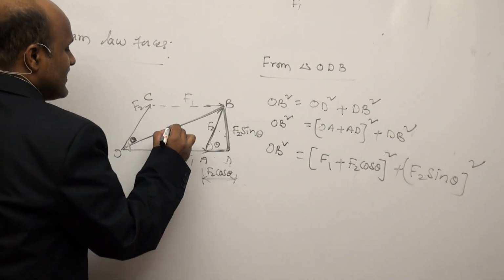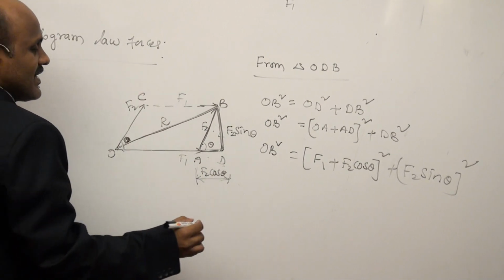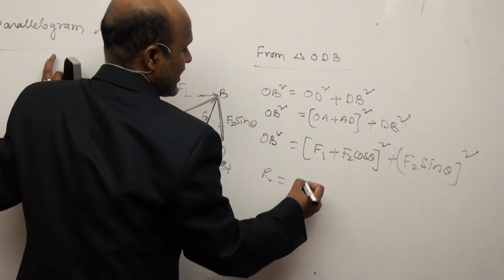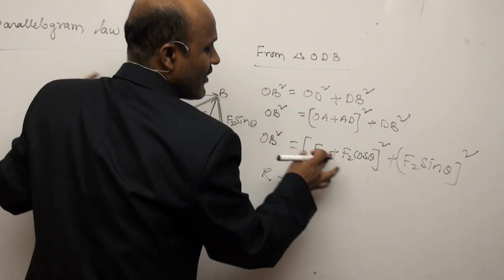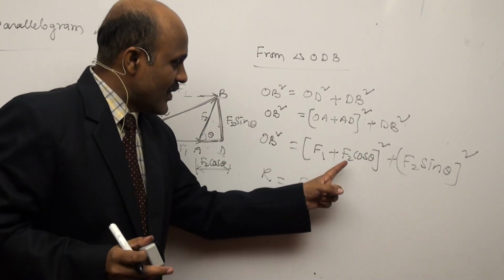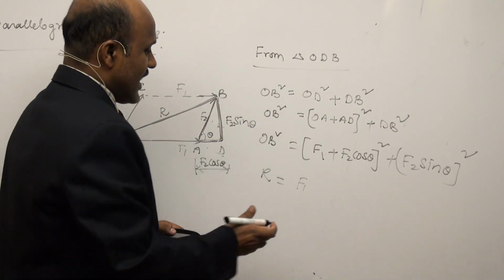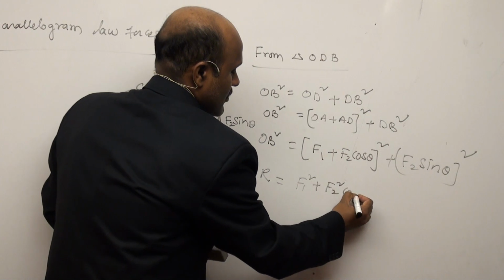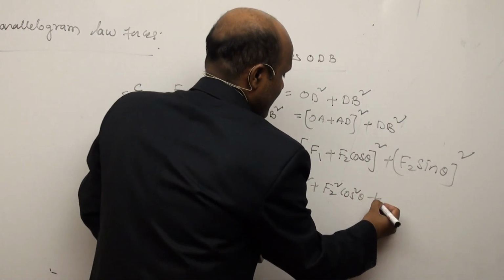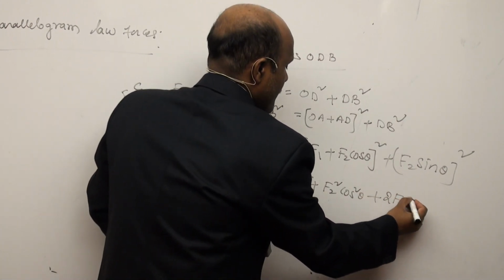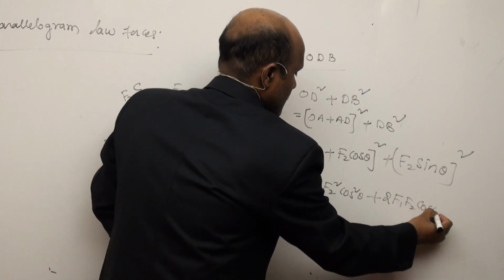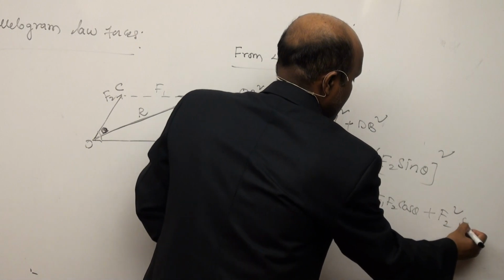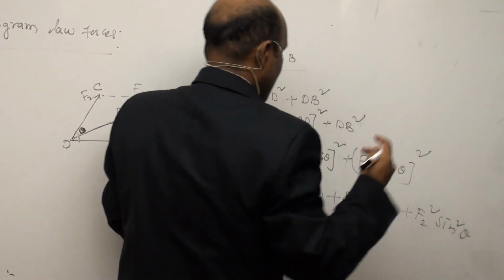What is here? This is the resultant R, I am assuming. R square is equal to A plus B whole square, which is in the form A square plus B square plus 2AB, plus F2 square sin square theta.